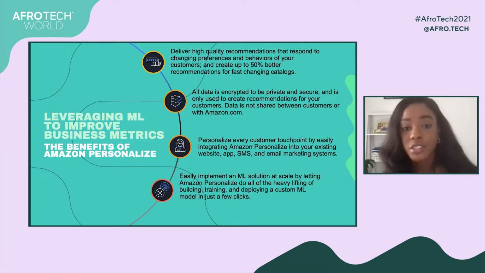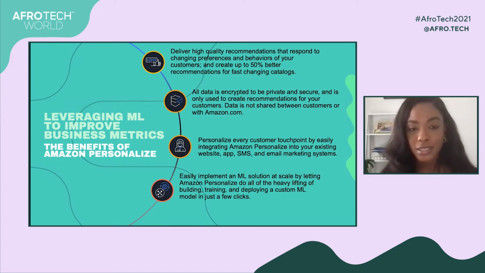Personalize can help generate high-quality recommendations through algorithms built to respond to the specific needs, preferences, and changing behavior of your customers. This means that Personalize can adapt to real-time changes in consumer behavior and preferences.